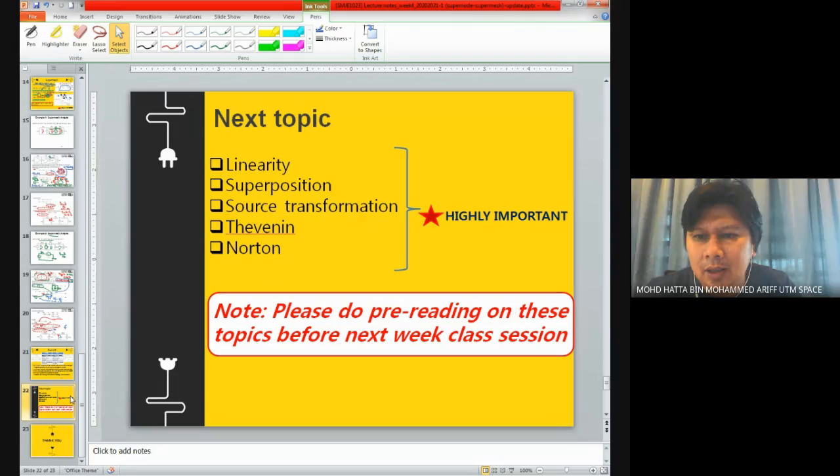Maybe you can check your answer with the value that I gave in the question. For the solution of the activity for week number 2, I will post it in e-learning. Maybe later on you can have a look at the solution, and the solution for this week 3 activity, I will post next week.